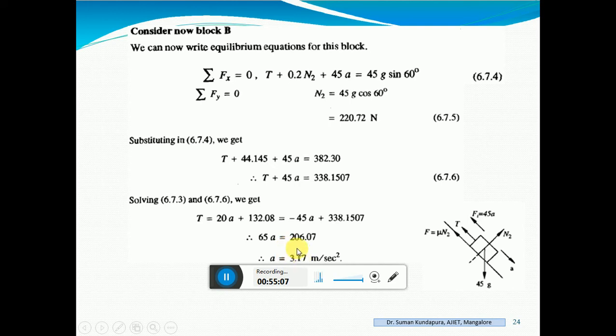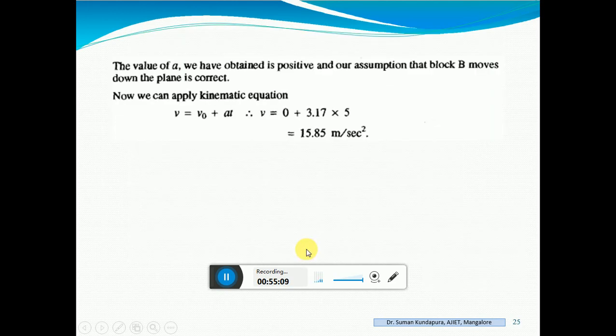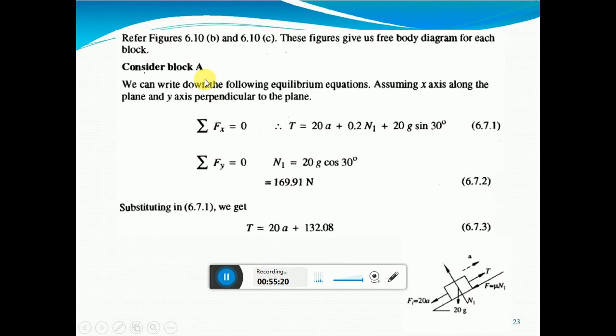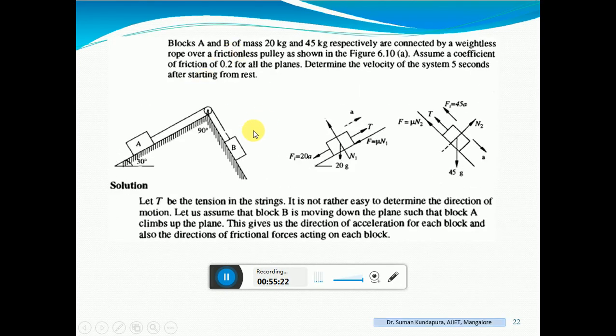So you found out the acceleration, but our aim is to find out not only the acceleration. We found out acceleration is positive and our assumption that block B moves down the plane is correct. What I am trying to tell here is, we do not know whether block A is moving this side or block B is moving this side. Initially we are assuming that block B is moving downwards.